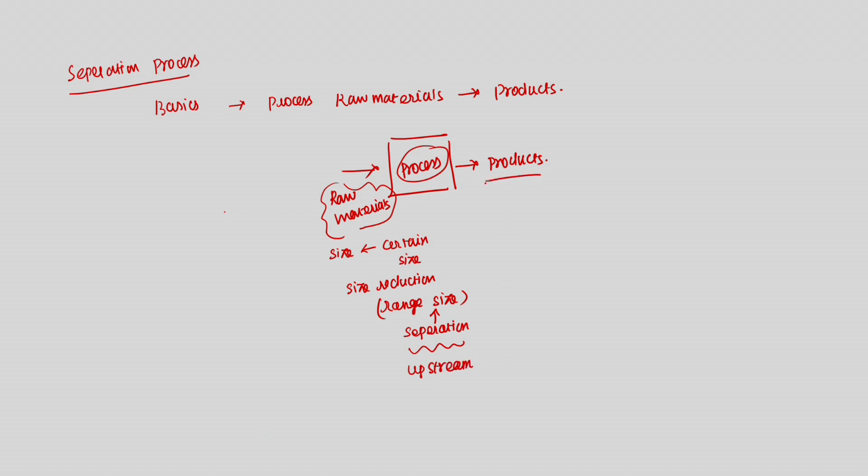And what happens in the downstream is, for example, if I take A plus B as raw materials and convert them into C plus D, this is my product.